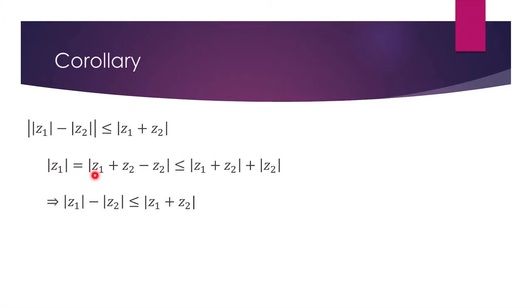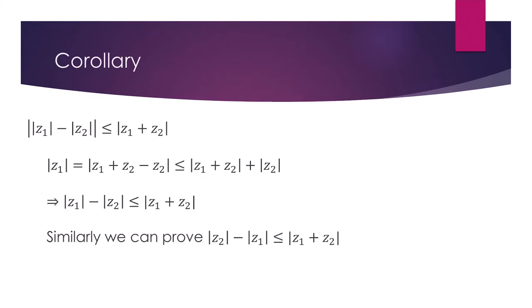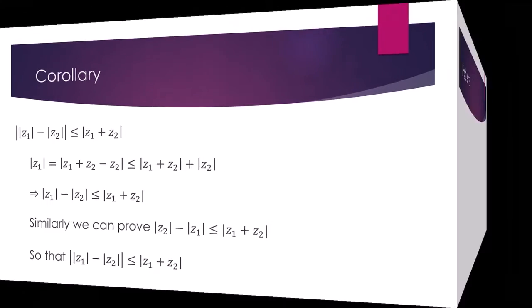In the same way you can write mod z2 as the modulus of z2 plus z1 minus z1 and repeat the same steps, so that we get mod z2 minus mod z1 is less than or equal to the modulus of z1 plus z2. So from these two inequalities we get the absolute value of mod z1 minus mod z2 is less than or equal to the modulus of z1 plus z2.